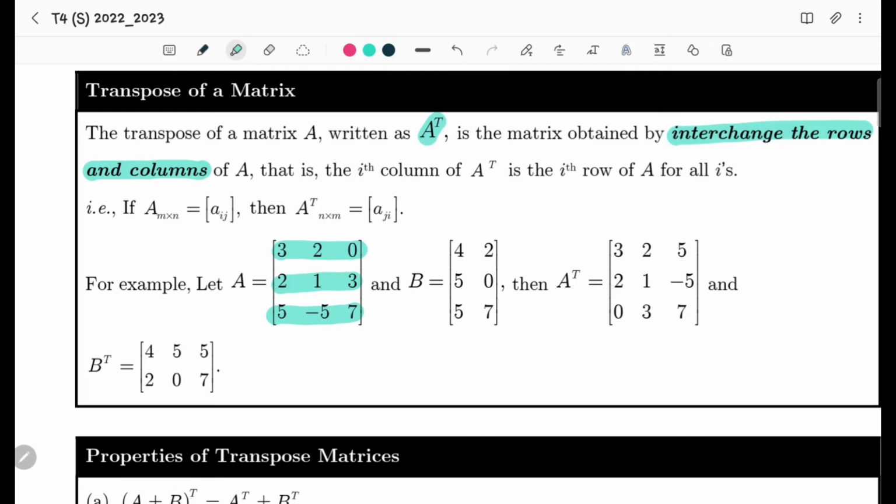Then A transpose is equal to 3, 2, 0, 2, 1, 3, 5, -5, 7. And if you take a look at B, B is 4, 2, 5, 0, 5, 7. So the transpose of B is 4, 2, 5, 0, 5, 7.